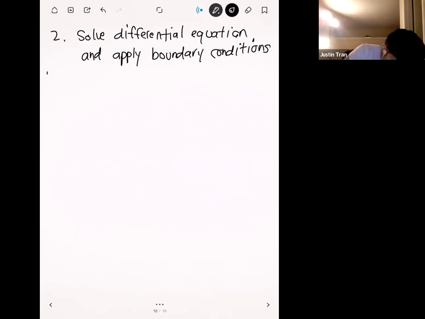Okay. All right, so let's do an example. Let's say that we are interested in computing the temperature distribution in a window pane.